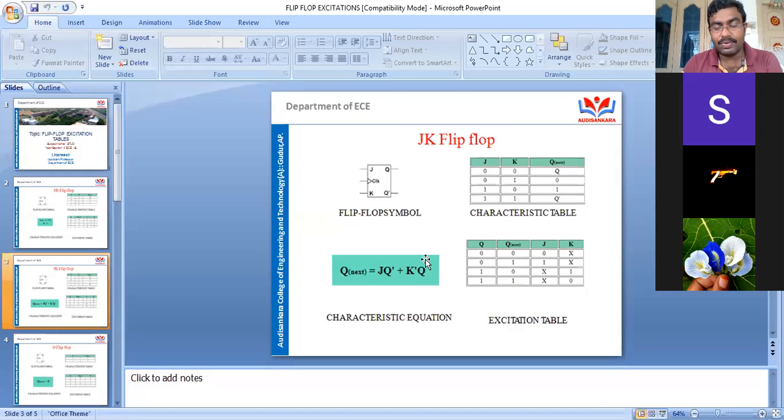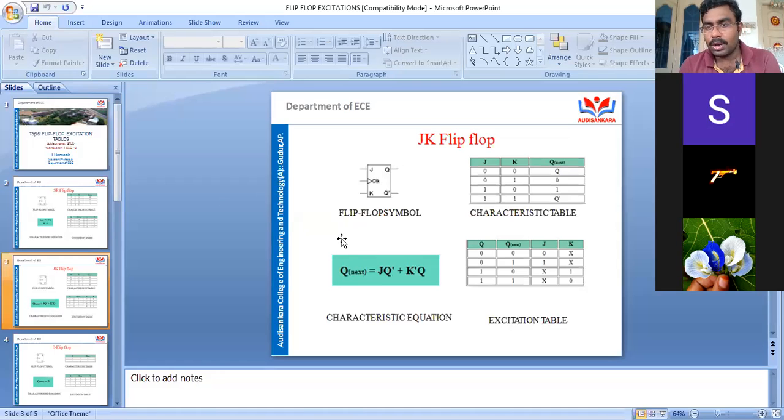From this characteristic table, I'm going to design the characteristic equation. The characteristic equation for this JK flip-flop is Q n plus 1, that is, the next state, equal to J Q bar plus K bar into Q, guys. You can easily derive this characteristic equation using the circuit diagram of the JK flip-flop also.